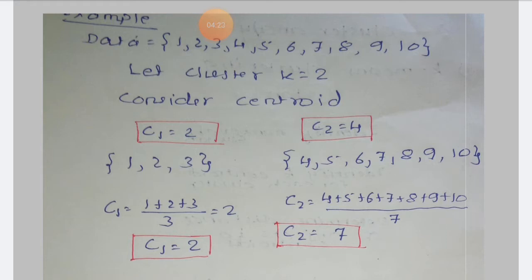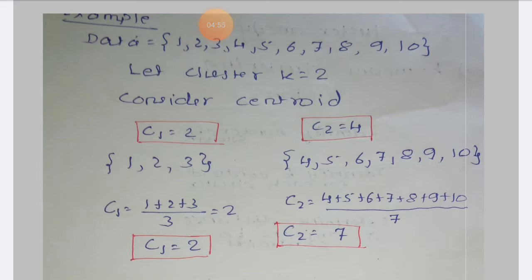Now let us find the actual centroids which we get from these clusters. So how to find the centroids? C1 is equal to the mean, 1 plus 2 plus 3 divided by 3, you are getting 2. Then for C2, find the mean of the second cluster data points, 4 plus 5 plus 6 plus 7 plus 8 plus 9 plus 10 divided by 7, because 7 data points are there.